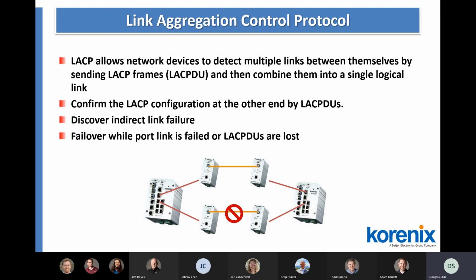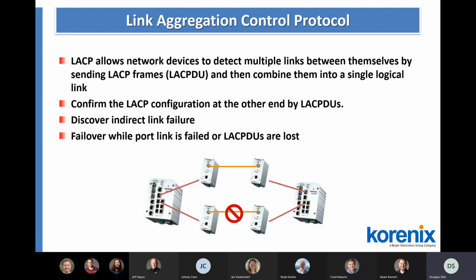LACP allows the network devices to detect multiple links between themselves by sending LACP flags, which we call LACPDUs, and then combine them into a single logical link. So even if you bind 3 or 4 physical ports into one LACP trunk, they will be combined into a single logical link.